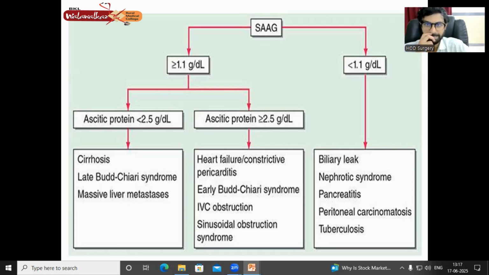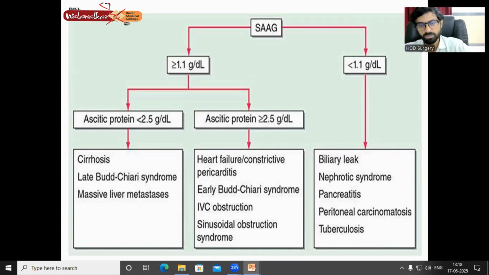If protein levels are less than 2.5 gram per deciliter, then the causes are cirrhosis, late Budd-Chiari syndrome, and massive liver metastasis, which indicates that the sinusoids are damaged and are not allowing passage of protein into the ascitic fluid. Ascitic protein of more than 2.5 gram per deciliter, along with a high SAAG ascites, indicates heart failure or constrictive pericarditis. There can be early Budd-Chiari syndrome. It occurs in IVC obstruction and in sinusoidal obstruction syndromes.